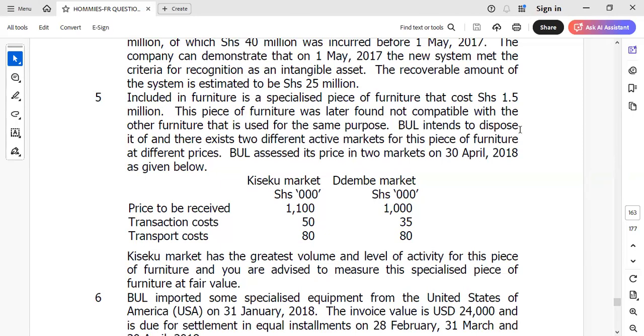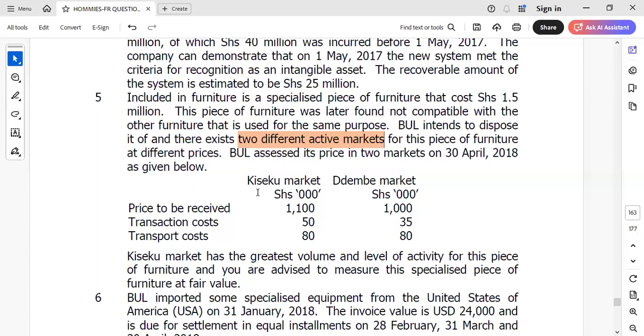BUL intends to dispose of it, and there exist 2 different active markets for this piece of furniture at different prices. BUL assessed its price in 2 markets on 30th April 2018 as given below.